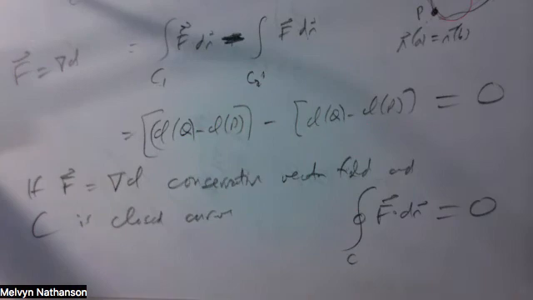Let me just repeat one other thing, the thing that we started off by saying. The definition of a conservative vector field is that it is the gradient of a scalar function. And such a scalar function is called a potential function for the vector field. If you have a conservative vector field, then you have some conditions on the partial derivatives of the coordinates. If those conditions are satisfied, the vector field is conservative.